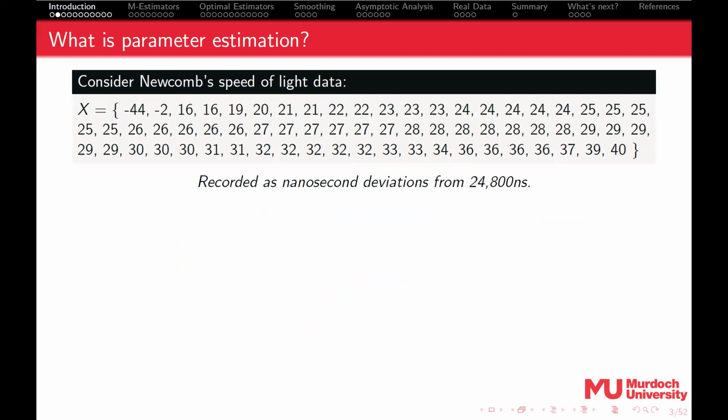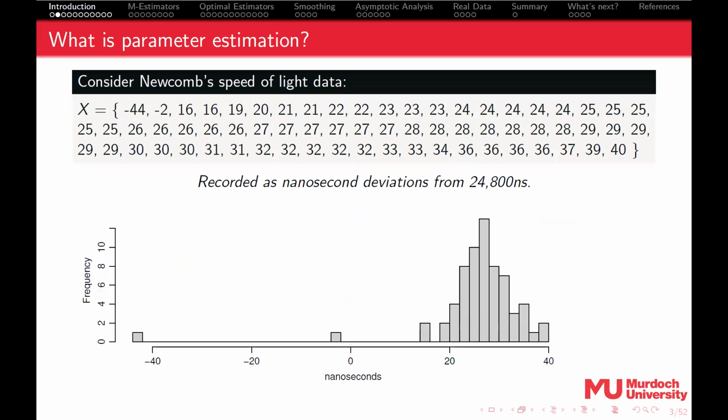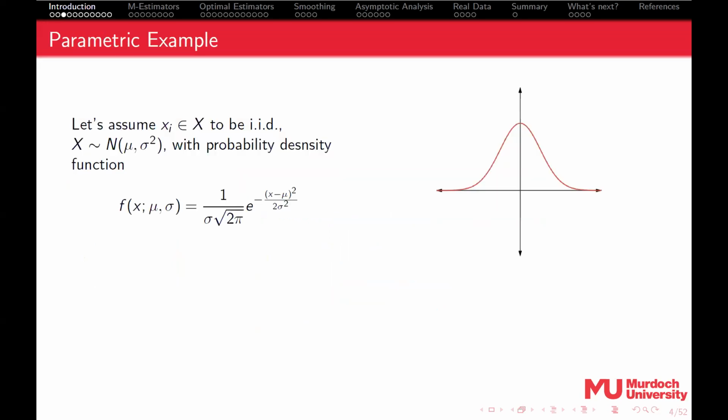I've got data which is recorded as deviations in nanoseconds from 20 nanoseconds. And if we take this data and make a histogram, what you see on the right there is a normal distribution. So we might say, okay, let's see if we can fit this and do some parameter estimation here.